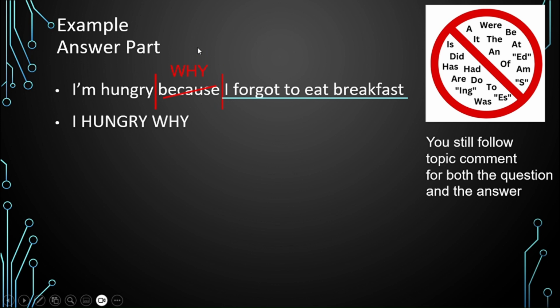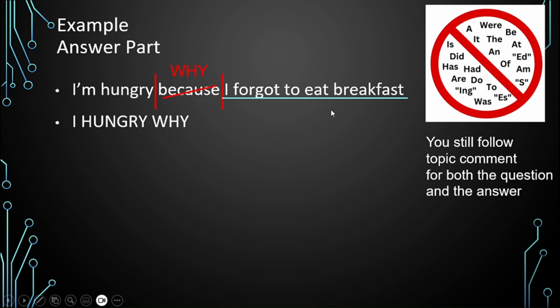So think of these as two separate parts. This part in the beginning, the question part, is its own part. That's why the question word is at the end of it. And you're going to follow ASL structure. The answer is its own part, and you follow ASL structure separately for that.